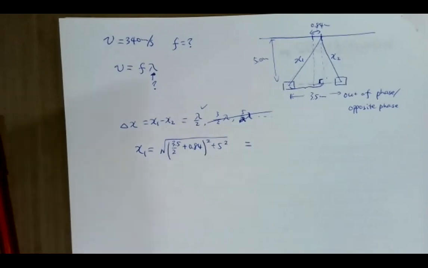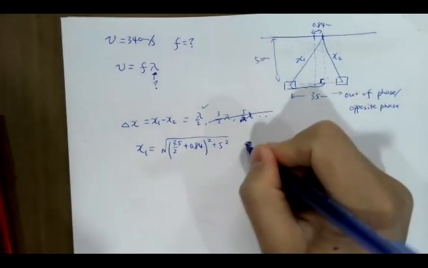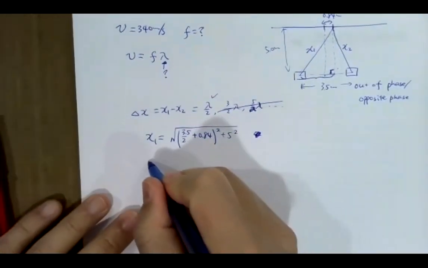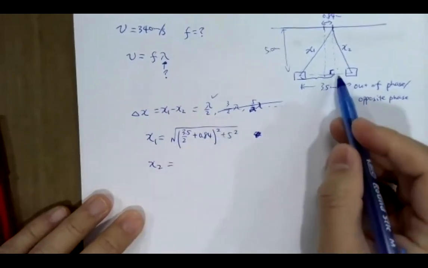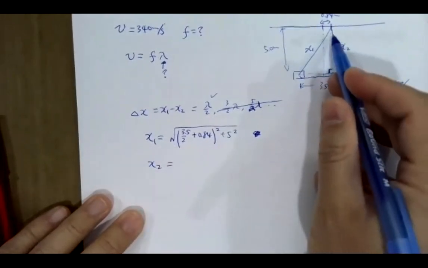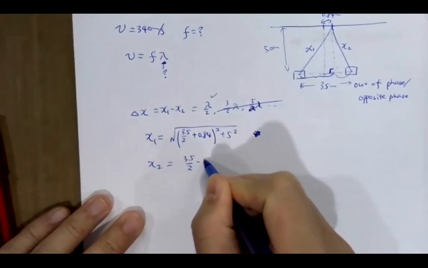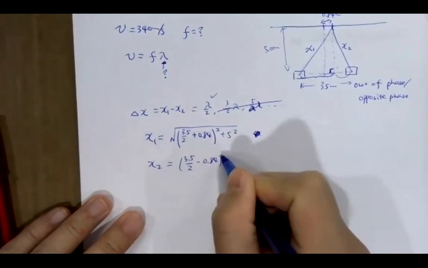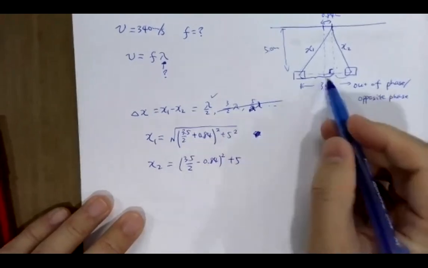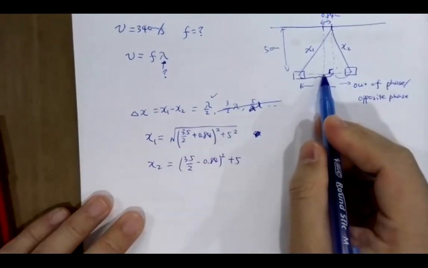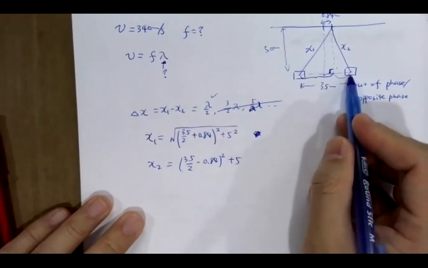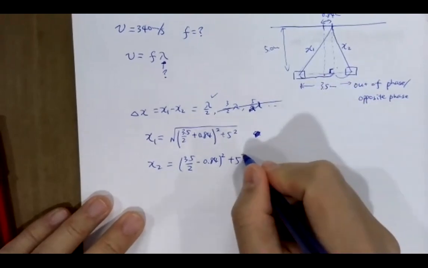So that's fine. x2 then will be equal to this side squared plus 5 squared, so that will be half of 3.5 minus 0.84, squared, plus 5 squared. Because you moved by 0.84 towards this speaker, it'll be half minus that.